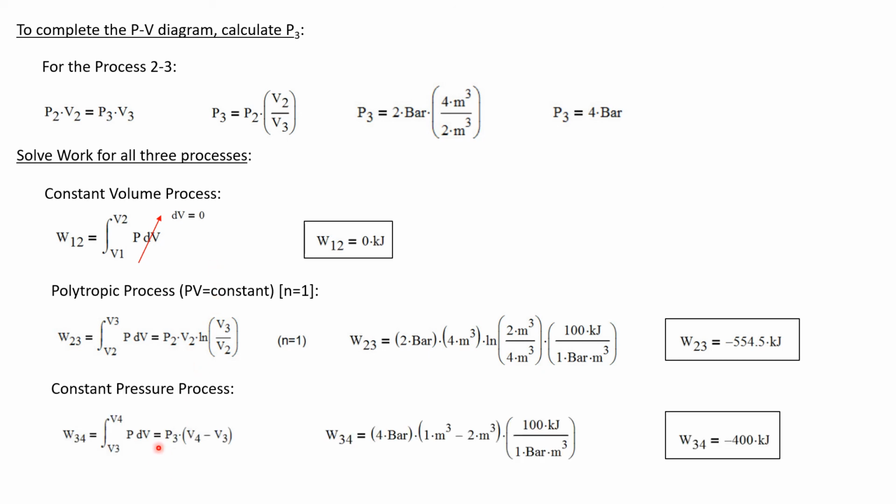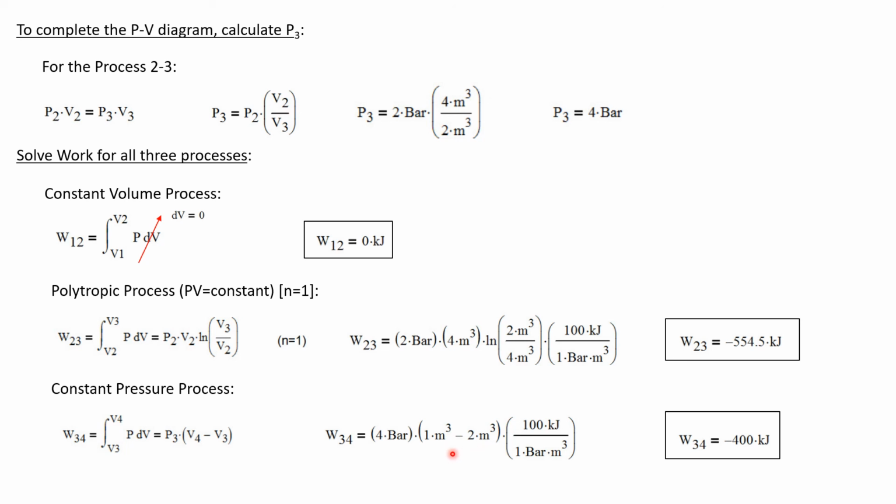And in the final process, we also have the integral of P dV, but this is a constant pressure process. And we've solved that integral before as the pressure of the process times the change in volume. Well, for this process 3-4, we have a pressure of 4 bar, and it ends at 1 cubic meter and begins at 2 cubic meters.